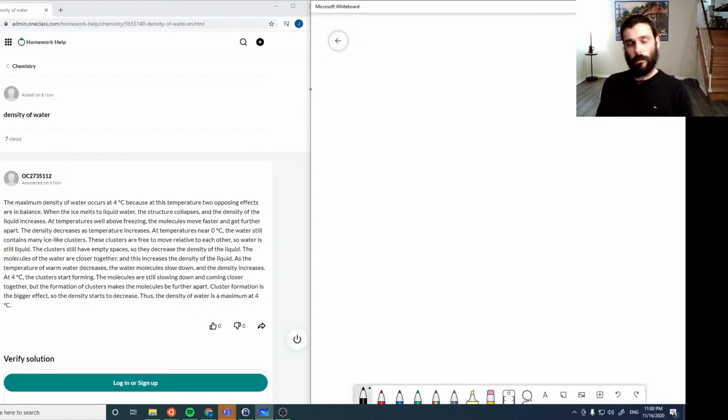The question is just density of water, but I'm going to follow along similarly to the answer given, which discusses why the density of water tends to peak at around 4 degrees.